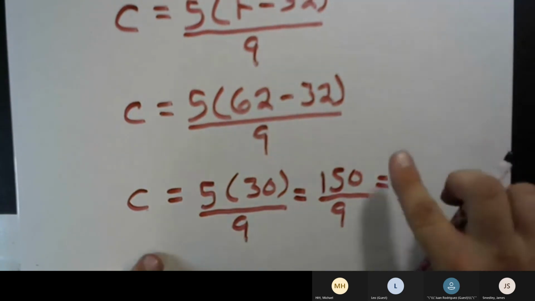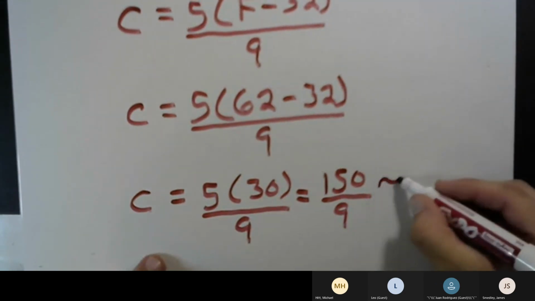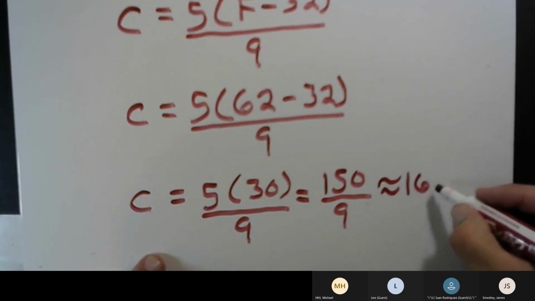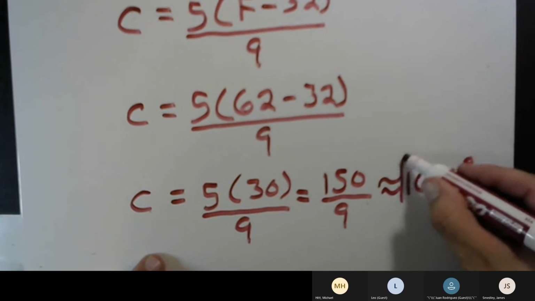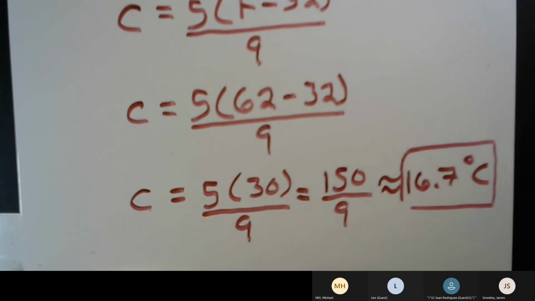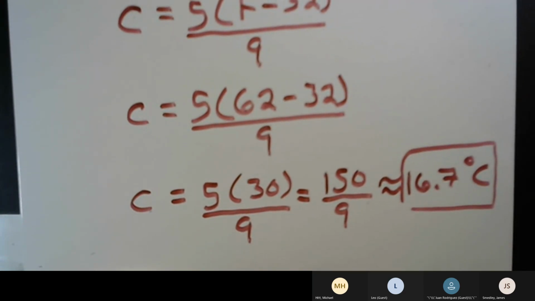So it's approximately 16.7 degrees Celsius. So if you step outside right now, it's going to be 62 degrees Fahrenheit, 16.7 degrees Celsius. Questions about that?